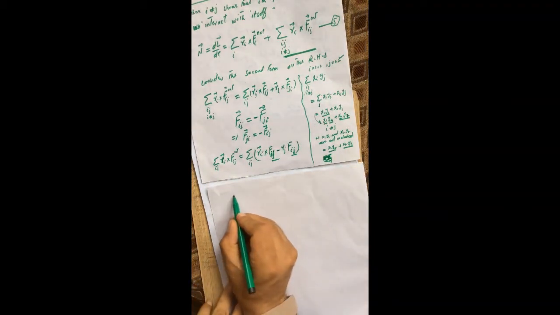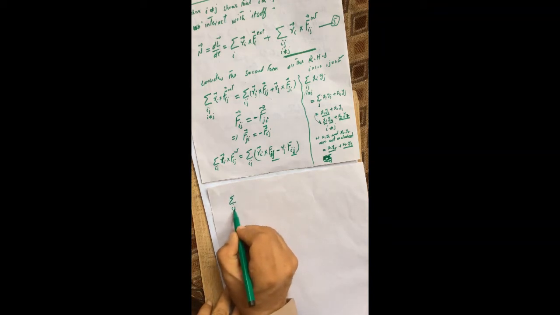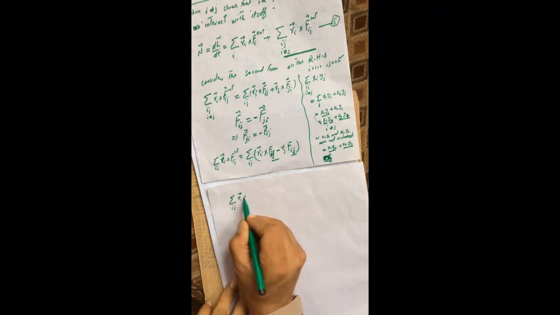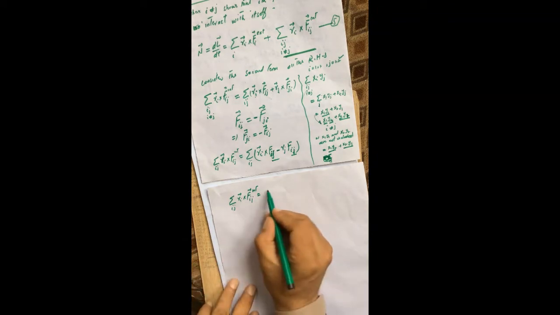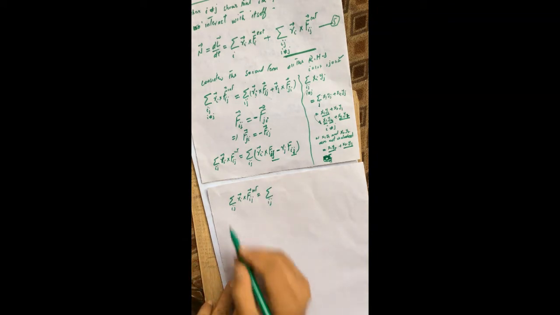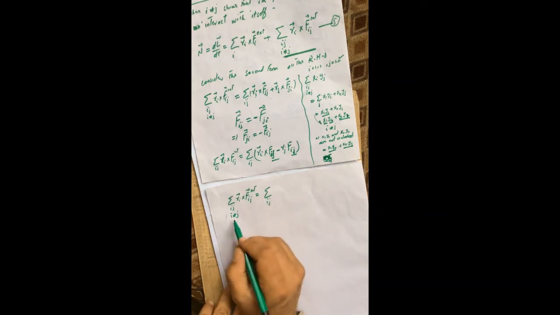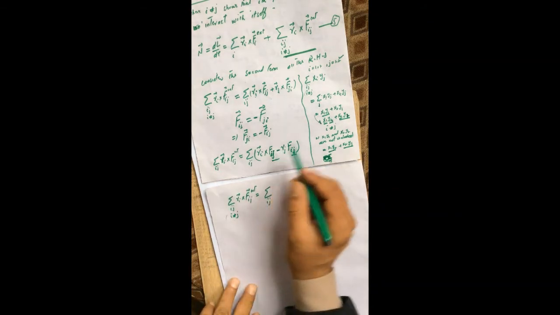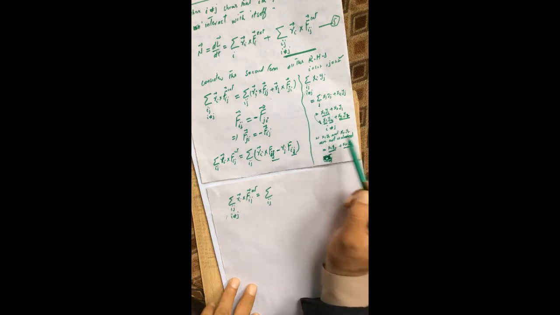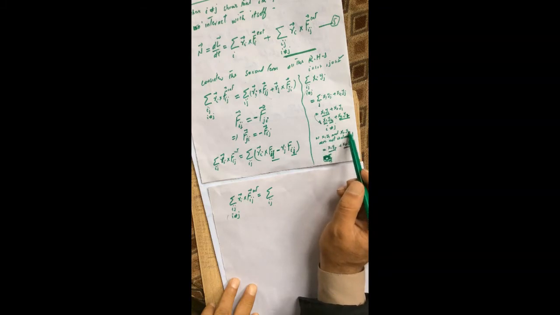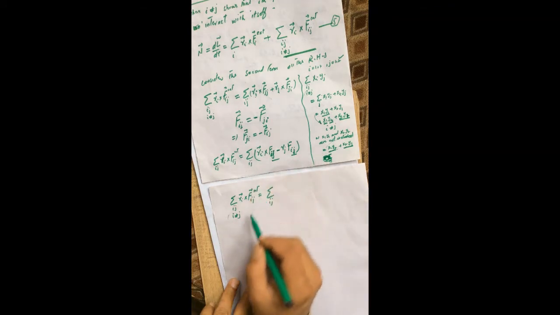So our last equation, the sum over i, j of ri cross Fij internal, will be equal to the sum over i, j of ri minus rj, cross Fij internal. Here we have i not equal to j, but on this side we don't need this condition, because we already excluded those terms.